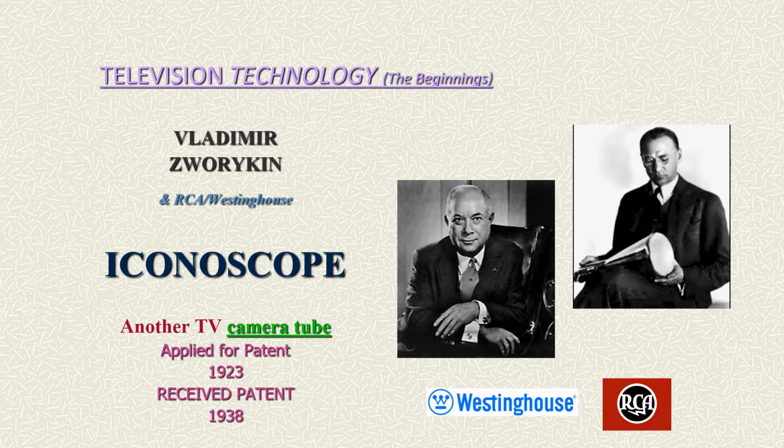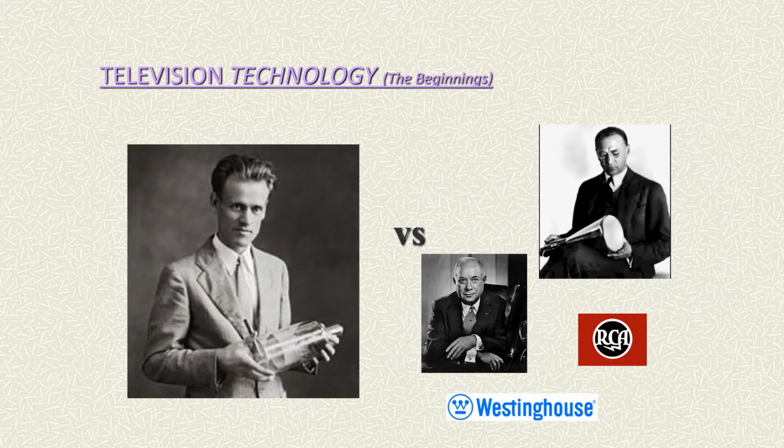They apply, as Westinghouse, for a patent in 1923, but don't receive the patent until 1938. This, of course, sets up a conflict between Farnsworth and RCA and Westinghouse, with Zworykin and Sarnoff.